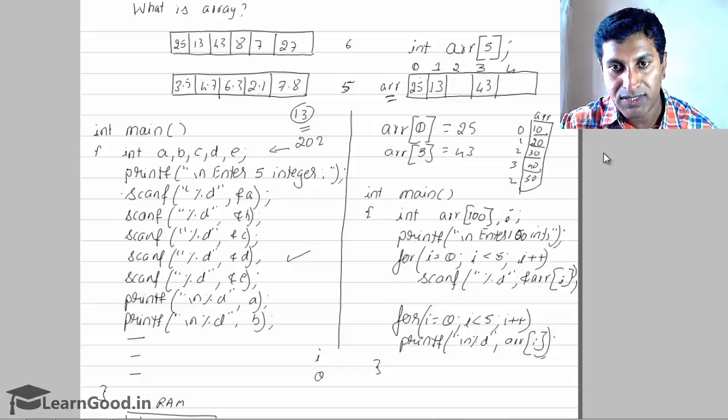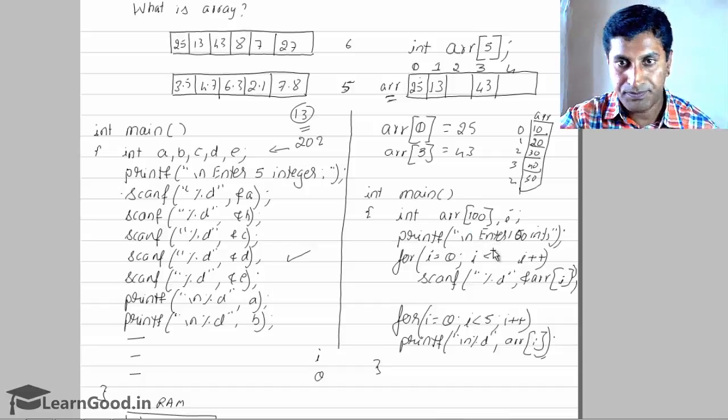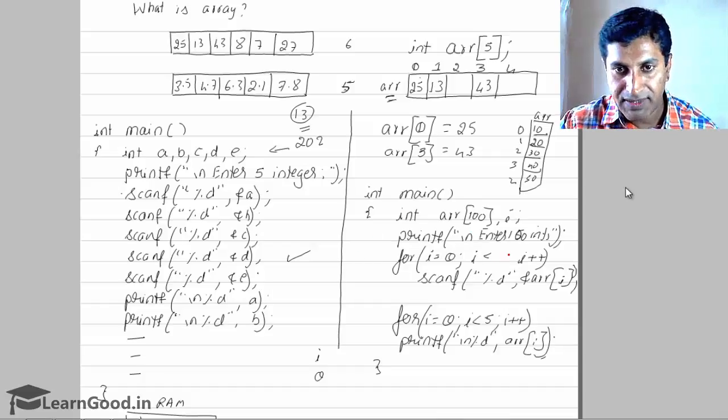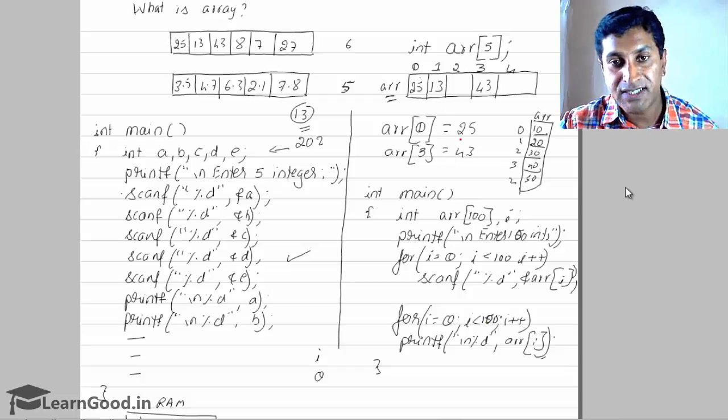And here, instead of giving I is less than 5, you can just change it to I is less than 100. Same way here also you can give I is less than 100. So we have changed this program from reading 5 integer values to 100 integer values and then displaying them.